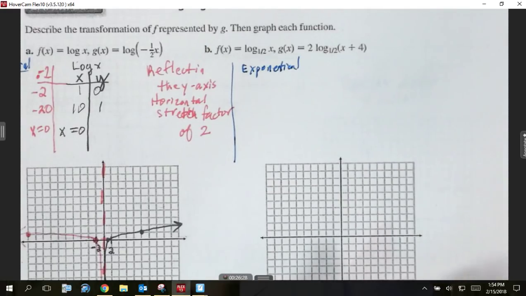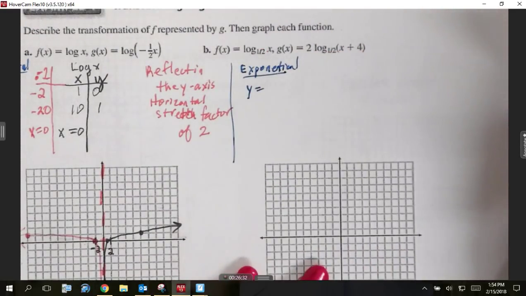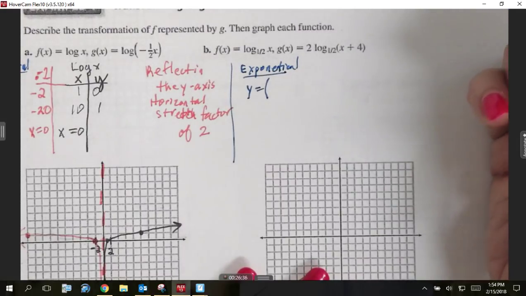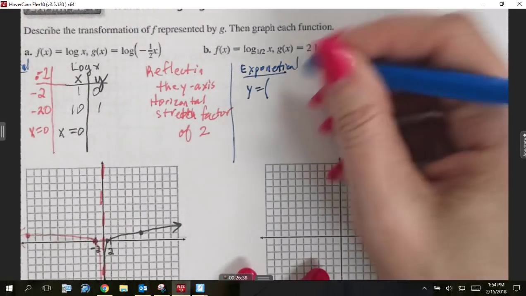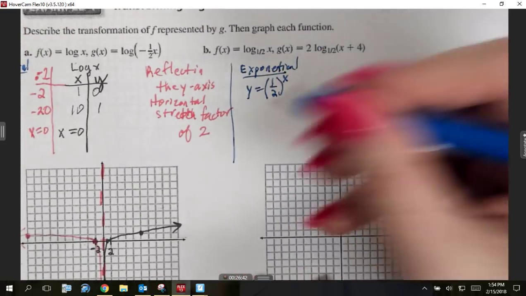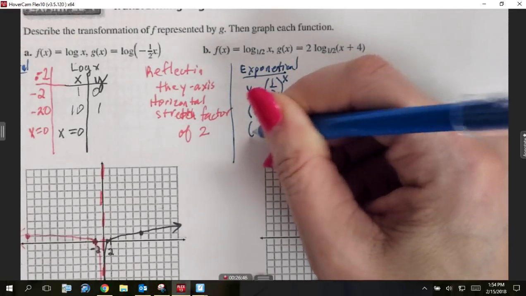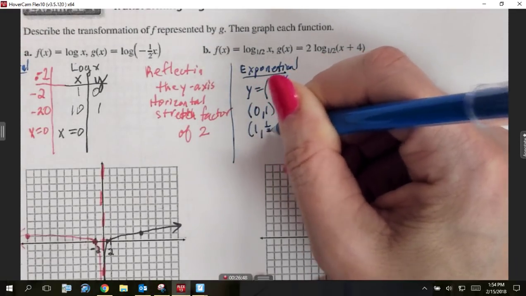No, not the exponent. What's the exponential equation? Y equals, what's the base? 1/2 to the x. So that'll give me the ordered pairs 0, 1 and 1, 1/2.